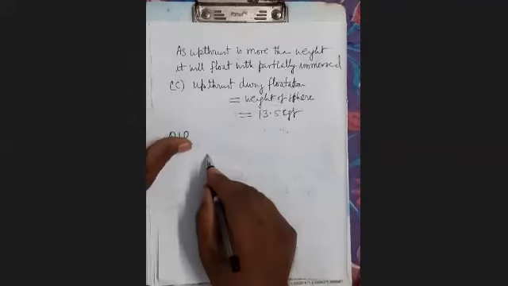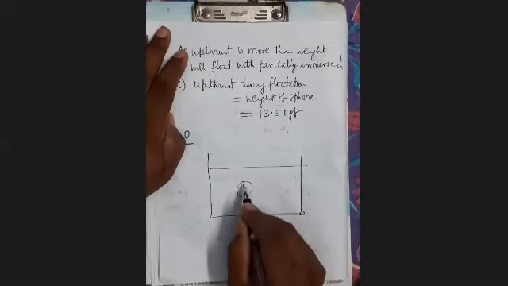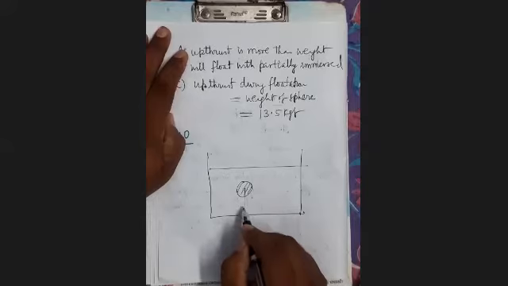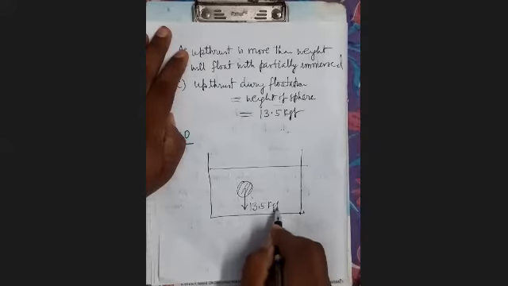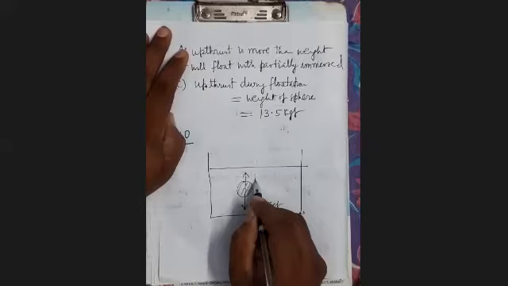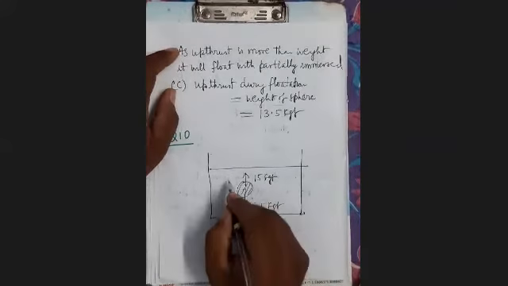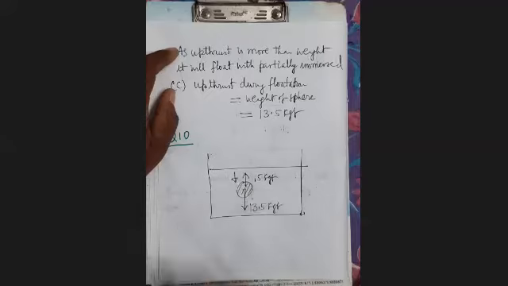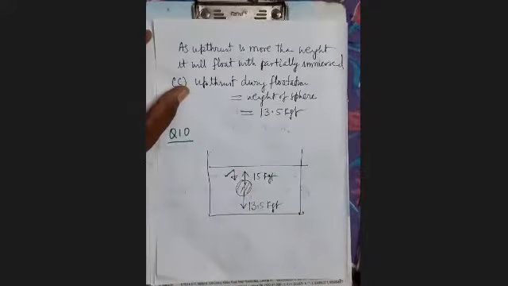here you are holding the block inside the water by applying some downward force because it is only 13.5 kg. It is acting 15 kg. So in order to keep it here, you have applied some downward force. But as soon as you remove this force, what will happen?